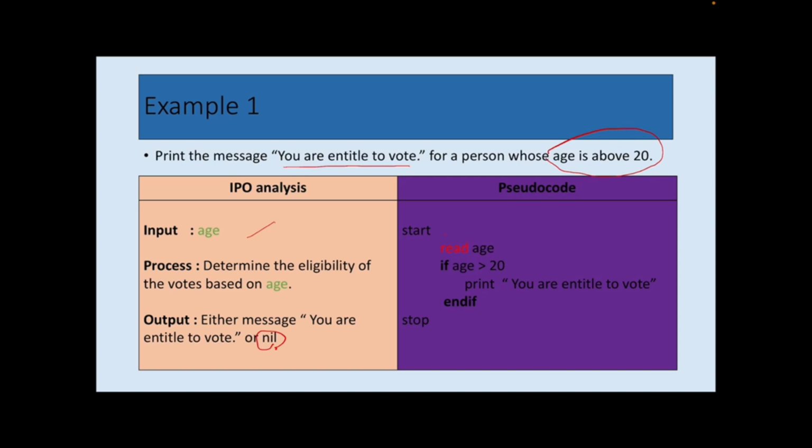So when we convert it into pseudocode, we start, input read age, and then the if statement: if, followed by the condition age greater than 20. If the condition is true, the program will print you are entitled to vote.